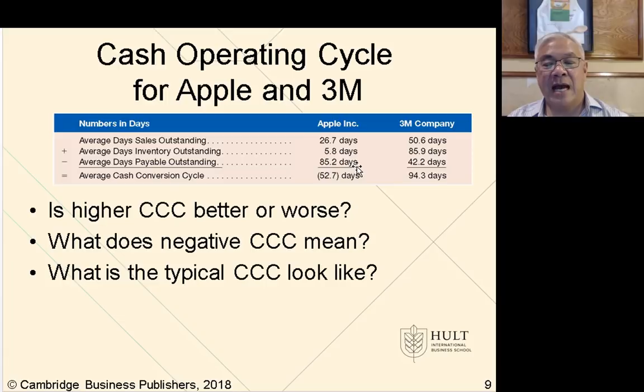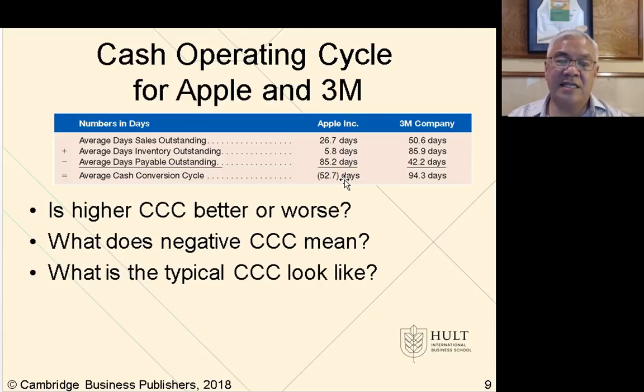And then payables. How long will a vendor let Apple pay them? In this case, on average, the Apple vendors allow them 85 days. Like, think about that. 85 divided by 30 is almost 3 months. So someone selling to Apple will say, Apple, I love your business. Pay me in 3 months. And so that's what happens. It takes them 85 days to pay their bills.